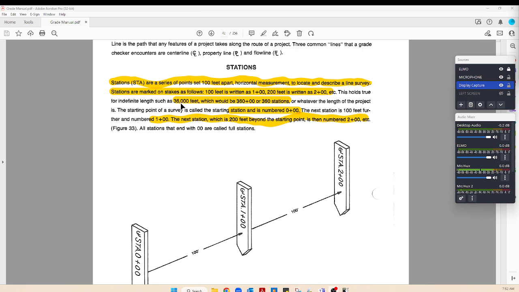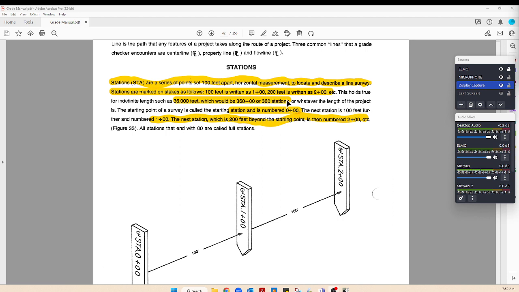As you see here, that's 38,000 feet. There's 380 hundreds and nothing else. So this stake is, I'm sorry, 38,000 feet from the beginning of the project. You can ignore that plus sign to get this.